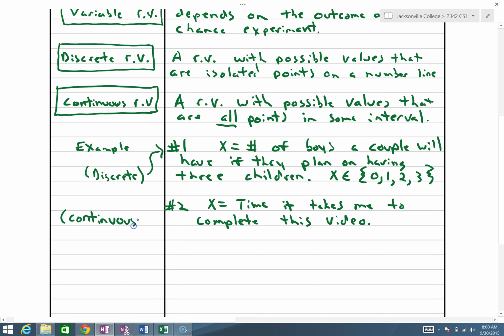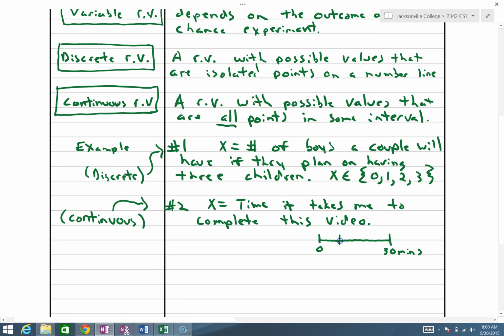While we hope that it has some endpoint, perhaps obviously it's going to be greater than 0 minutes. Maybe 30 minutes is the outside length of time this could be. But it could be anywhere in here from 0 to 30, and theoretically that's an infinite number of possibilities.